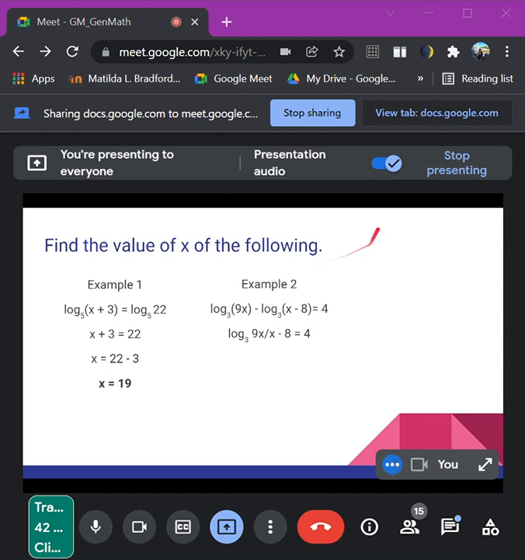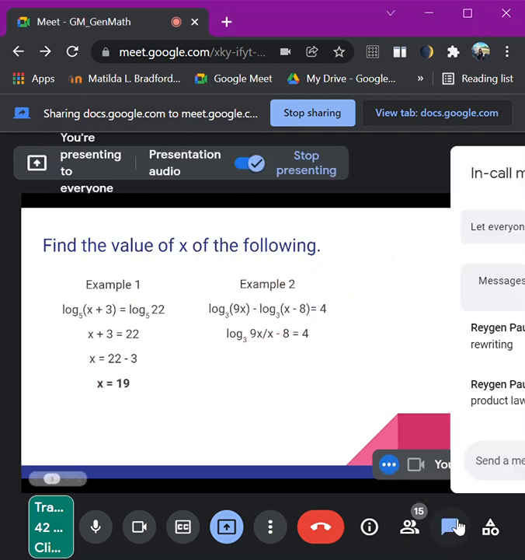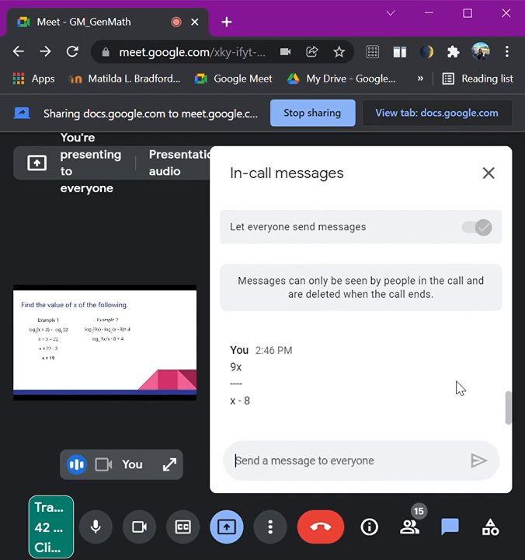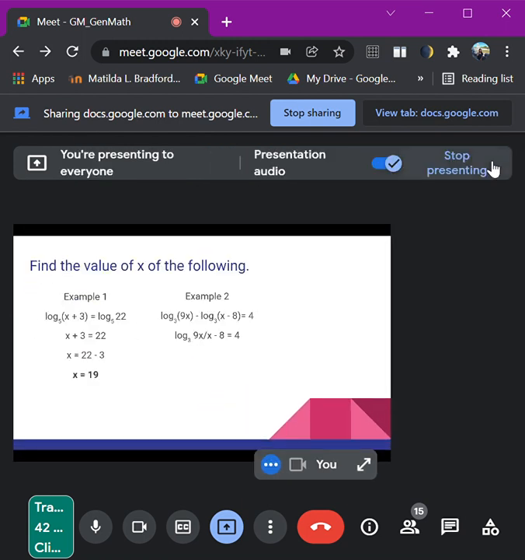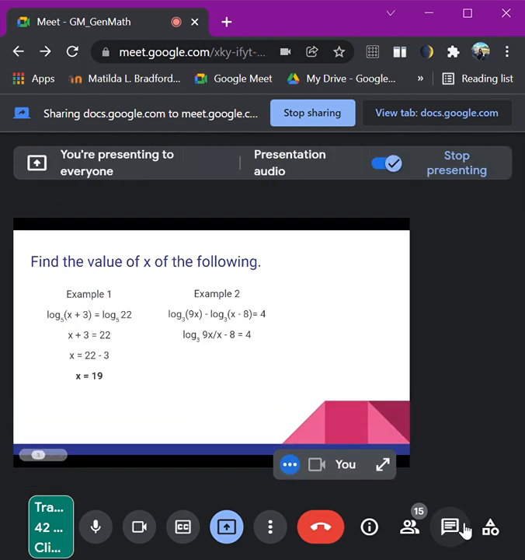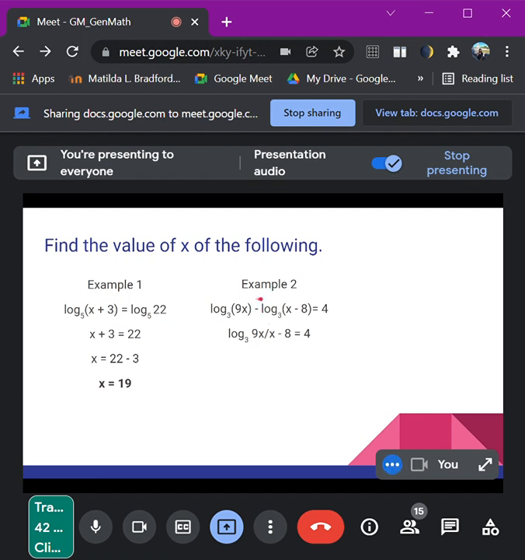Nasabtan ba? Kung ano siya, 9x, basin maglibog mo kay wala man kuan sa Google slide. So, ma-ingon na siya ang form class. 9x over x minus 8. Okay? Naa sa chat akong gi-send. So, atong siyang gi-combine. Now, unsa kahay next buhaton ani class?